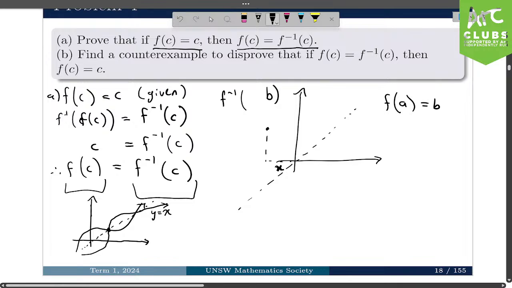And what we can do is take the inverse of both sides. So inverse f of a equals inverse f of b. And we get that a equals the inverse f of b.